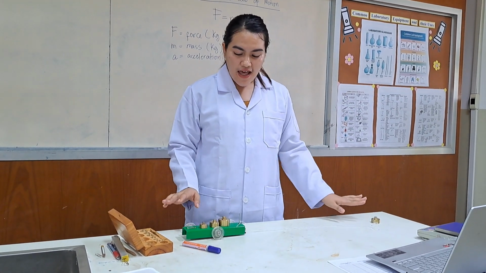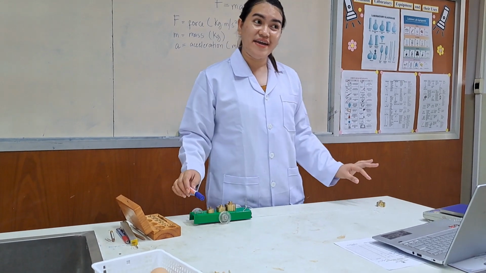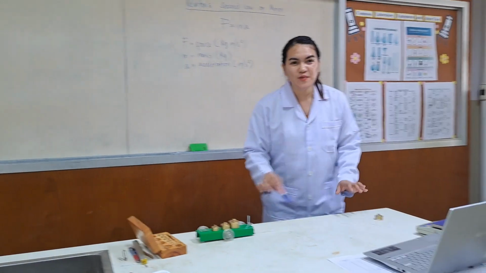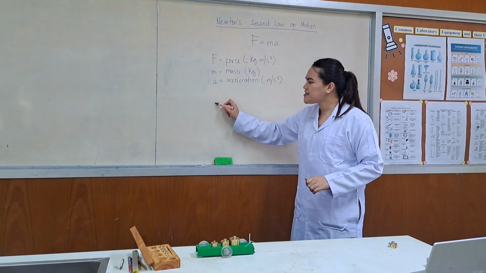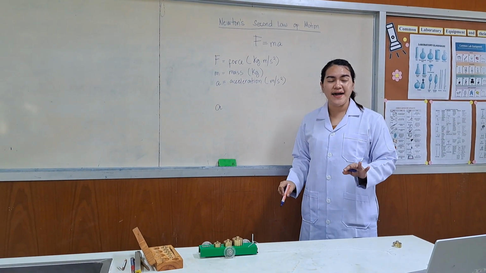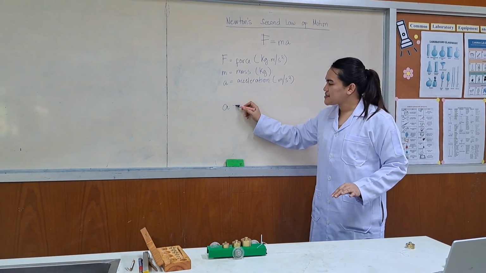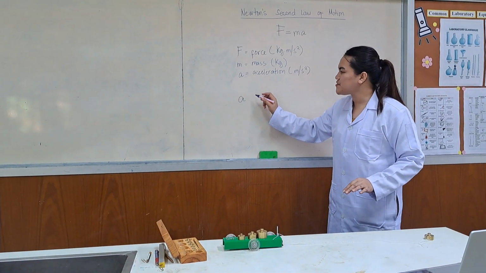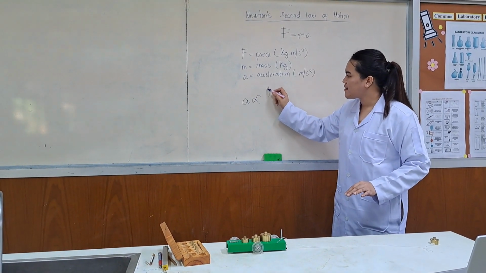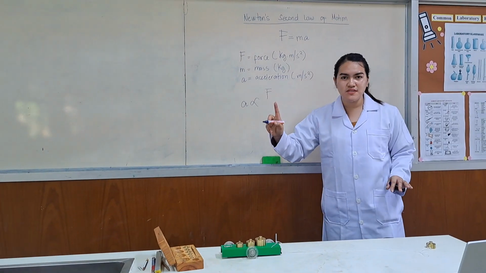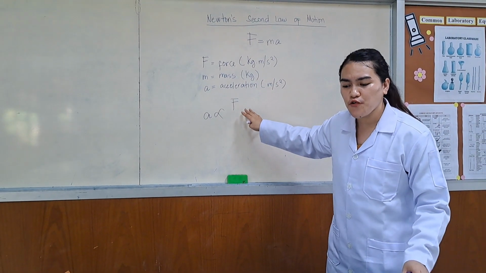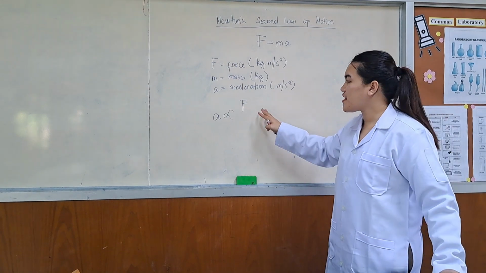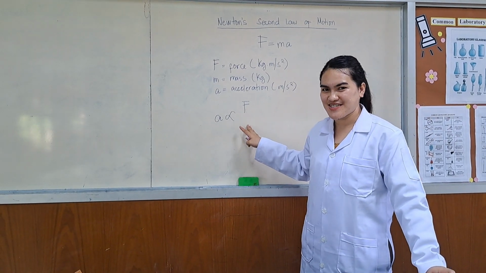That's right. In our experiment, it shows us that acceleration can be affected by mass. It also shows us the relationship between acceleration and force. What does it mean to say? The higher the force you put, the higher the acceleration.